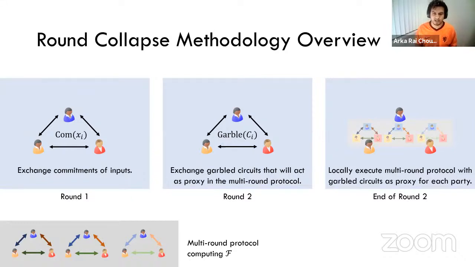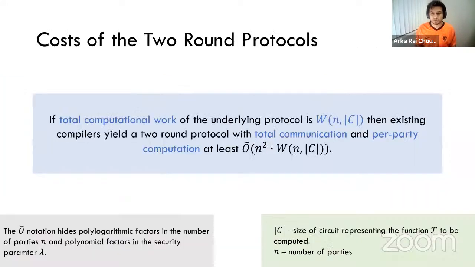There are lots of details that I'm sort of brushing under the rug. So what about the costs of these compressed protocols? As you can see, the communication or computation depends on what we start off with, the underlying protocol.